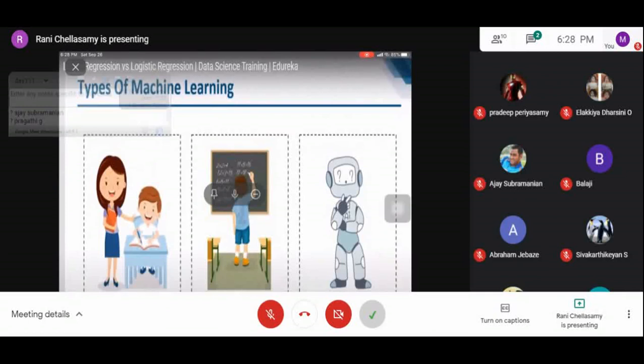So you'll be learning what to eat and what not to eat. Basically what we would do is follow the hit and trial method, in other words the trial and error method.